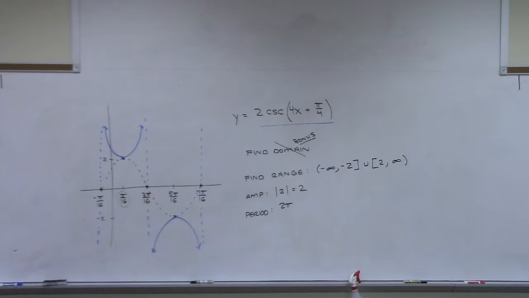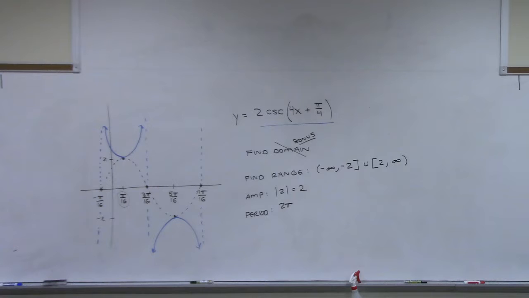I have the notes written down where it says that. I thought the phase shift was theta over omega. Okay, and that gave us negative pi over 16. So this is why I don't like formulas for phase shift and period, because people always forget them.